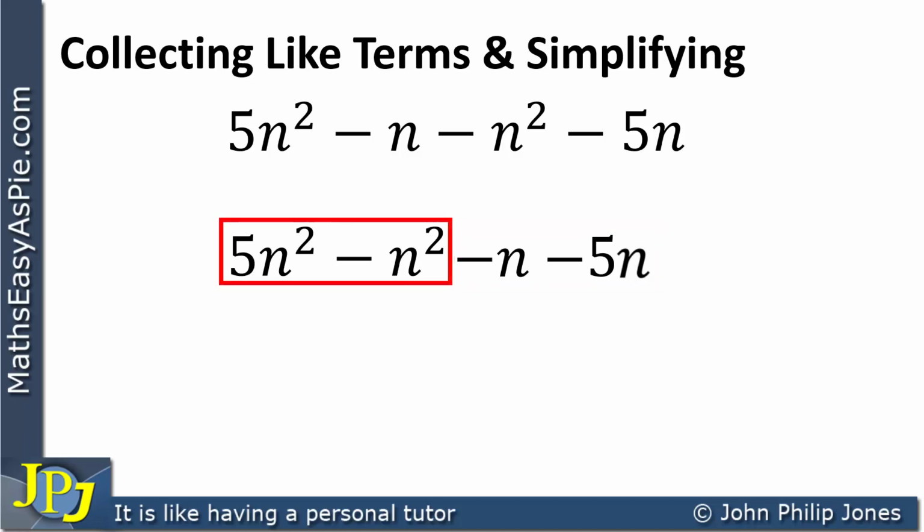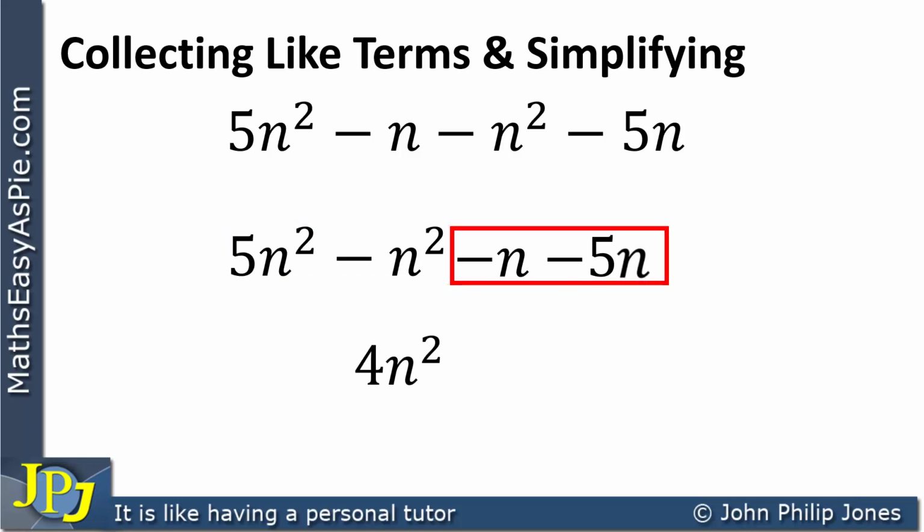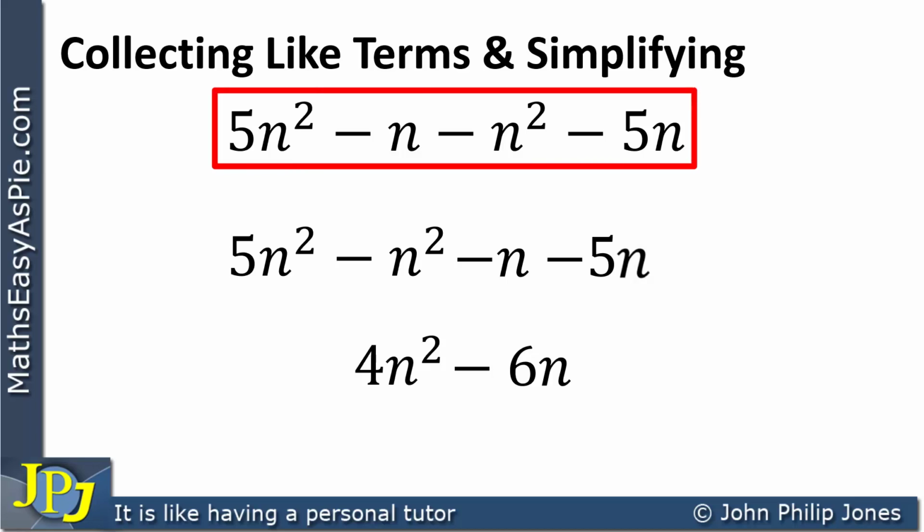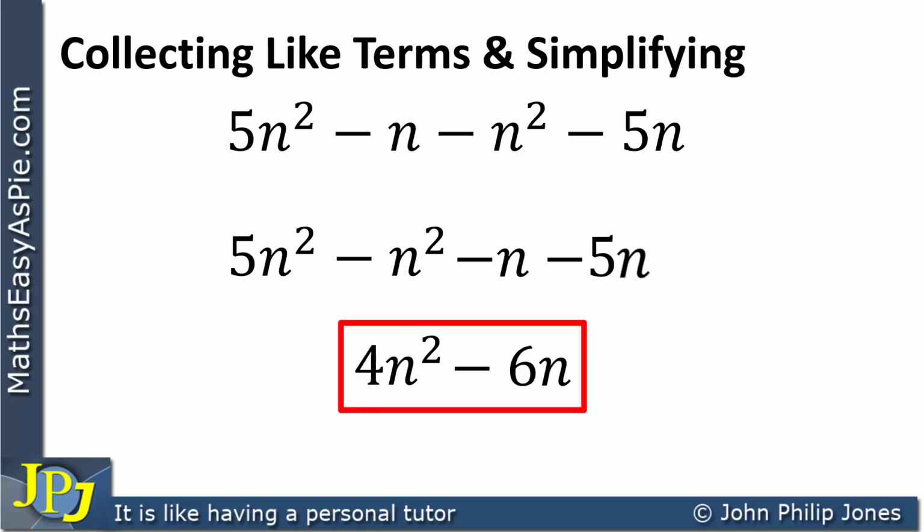Here, for example, we have 5n squared minus n squared. And of course, that's going to give us 4n squared. And here we have minus n minus 5n, which is going to give us minus 6n. Consequently, we can see that this will simplify to this once we've collected the like terms and simplified them.